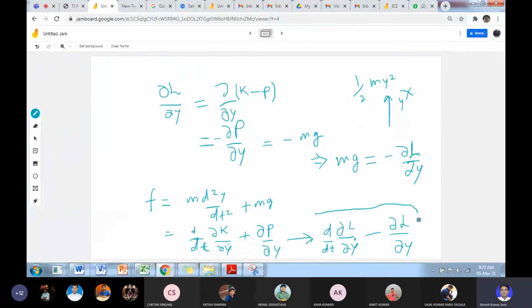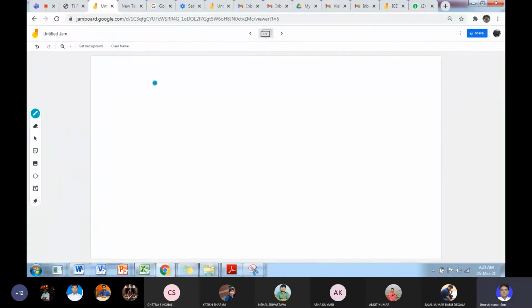So this is the input force. So force is defined as the total time derivative of the partial derivative of the Lagrange with respect to velocity, and the partial derivative with respect to position. Clear?